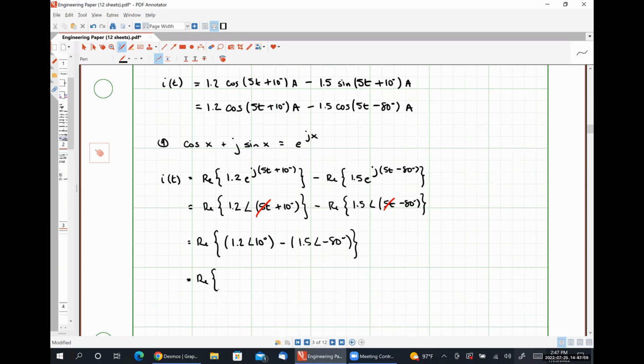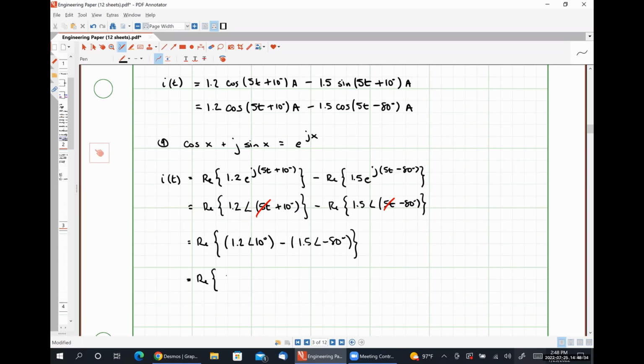I'm typing in 1.2 angle 10 degrees minus 1.5 angle negative 80 degrees, and I'm getting a result, and I feel like I've missed a sign somewhere, so we'll find that in a moment.